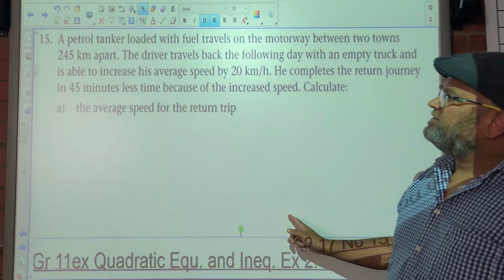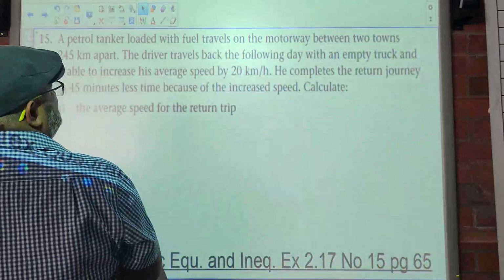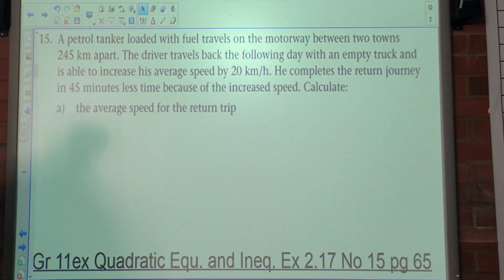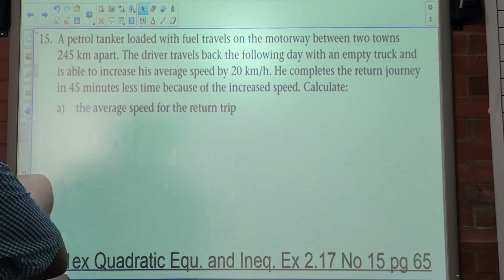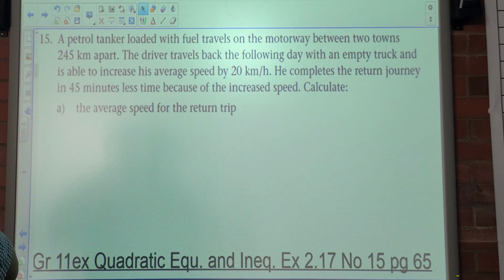Number 15. A petrol tanker loaded with fuel travels on a motorway between two towns, 245 kilometers apart. The driver travels back the following day with an empty tank and is able to increase his average speed by 20 kilometers per hour. He completes the return journey 45 minutes less.